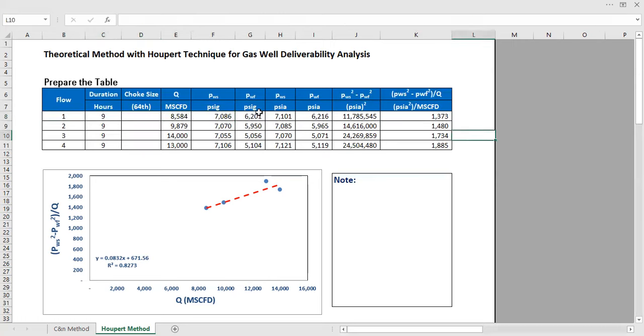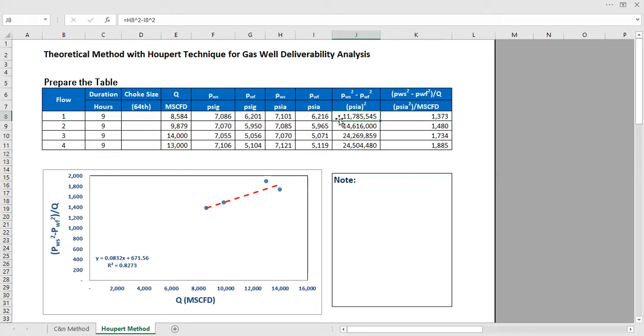I get this data and then I compute using this formula. Just PWS squared, this one, subtracted by PWF squared. I get this one. So that's easy.